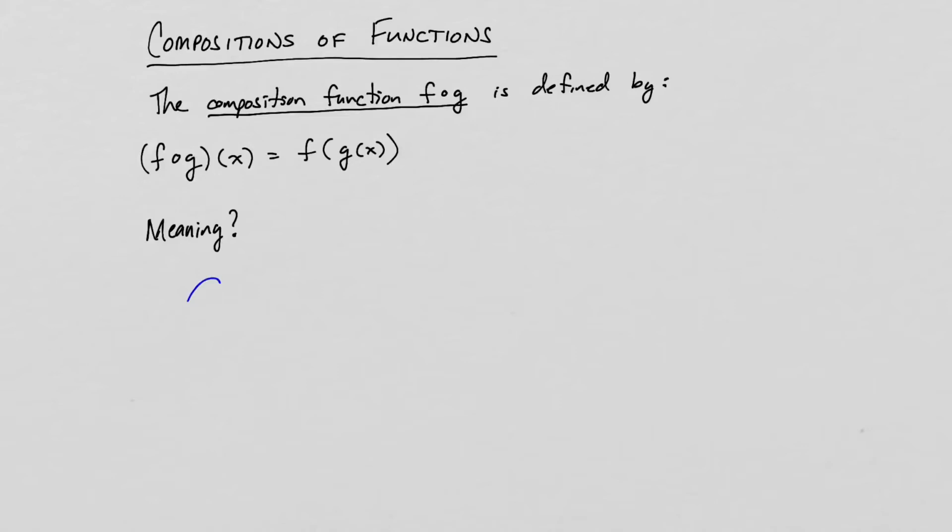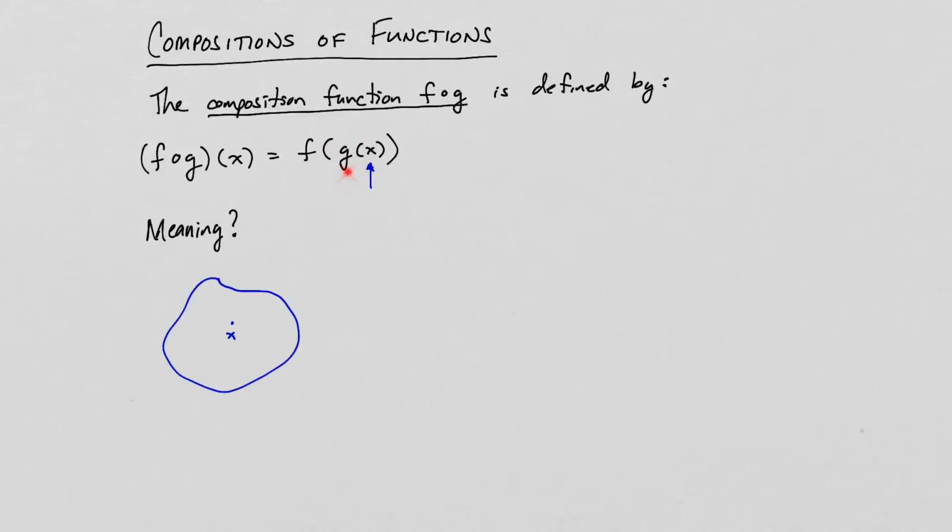I'm going to start here with a set of numbers, and I'm going to pick one of those numbers, which I'm going to call an x value. And what happens when you plug an x value into this function here? What happens to that x value is you first apply the function g to that x value. So g is a rule, it's going to do something to that x value.